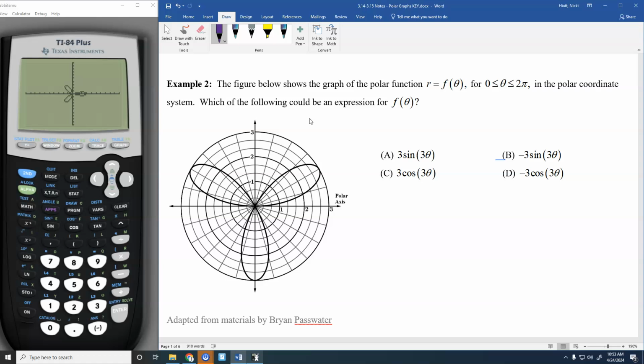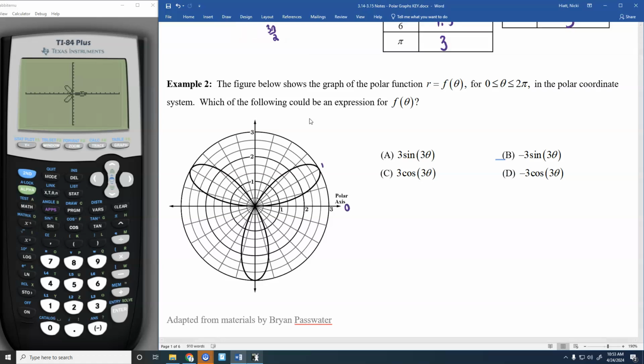values. So for example, think about your unit circle. This is 0 radians. This is pi over 6. This is pi over 4. This is pi over 3. This is pi over 2, and so on, right? So whenever my angle is 0, what is the radius at 0?